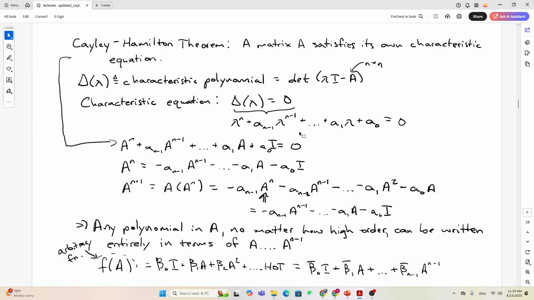You can express this equation as lambda to the power n plus a(n minus 1) times lambda to the power n minus 1, until the zero order term a0, equals 0. This n depends on the number of states, or how many eigenvalues you have for your system.